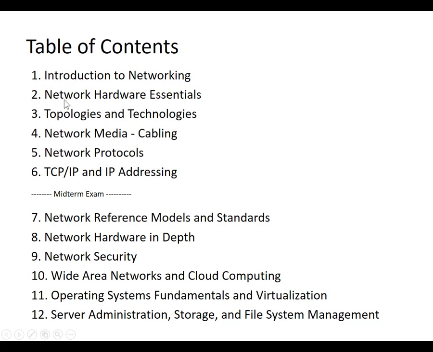Chapter 2 is Network Hardware Essentials. In Chapter 3, we cover topologies and technologies. In Chapter 4, we go over network media, which really means cabling. Chapter 5 is network protocols, and Chapter 6 covers TCP/IP and IP addressing.